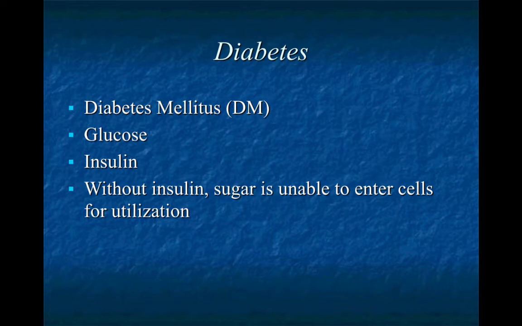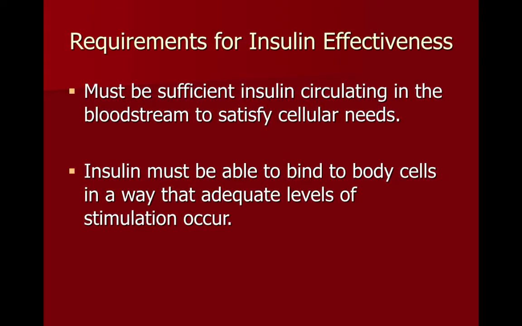So we need a steady supply of glucose, and insulin is going to increase the rate that glucose enters the cell, up to about 10 times the normal rate at which glucose would get into the cell.